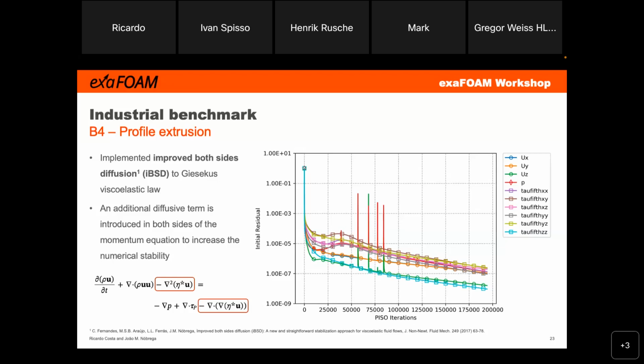At the end of the day, we can obtain convergence of all variables and reach the steady state solution. But we still need some time to dissect these spikes, which are very strange, but so far we don't have an explanation for it. If it happened to you in some problem with this solver or with other solvers, please let me know.